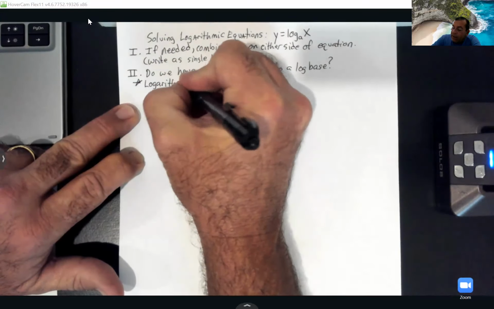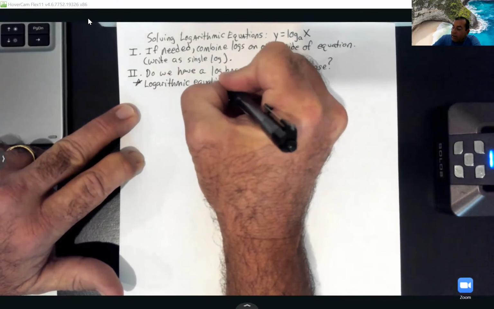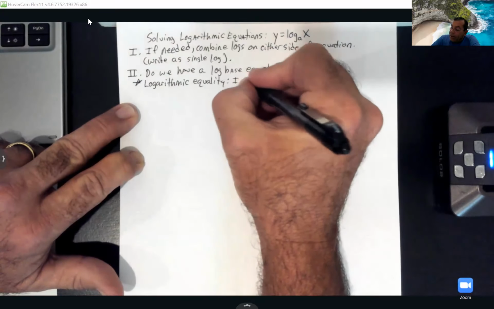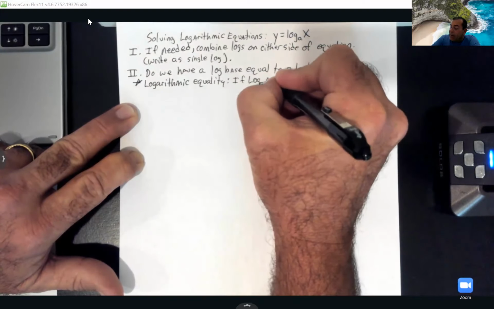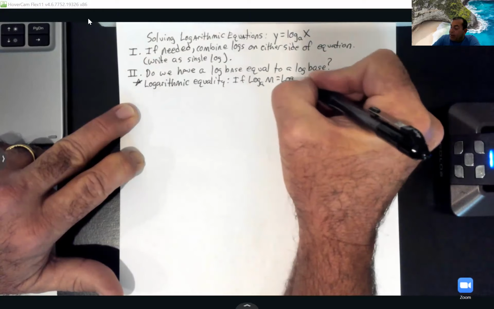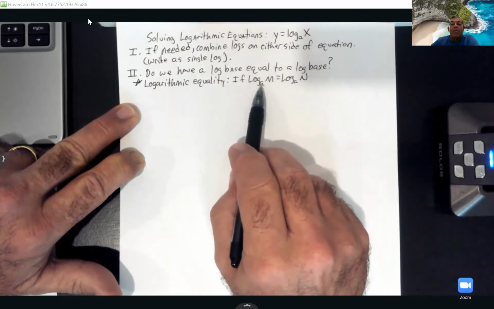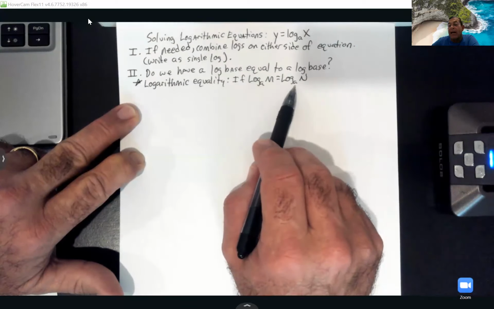So let's see, logarithmic equality tells me that if I've got a log base m equal to a log base n, so notice I've got a log with a base a equal to a log with a base a.